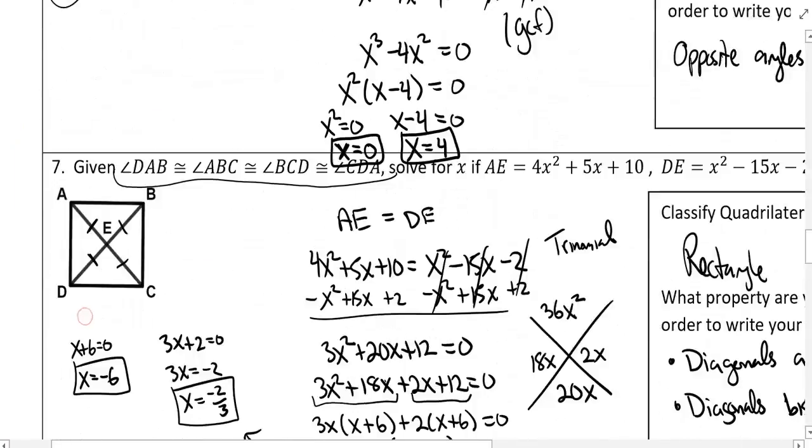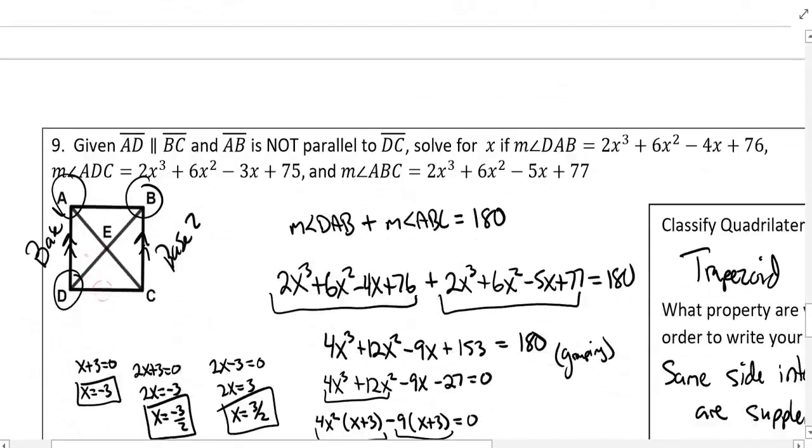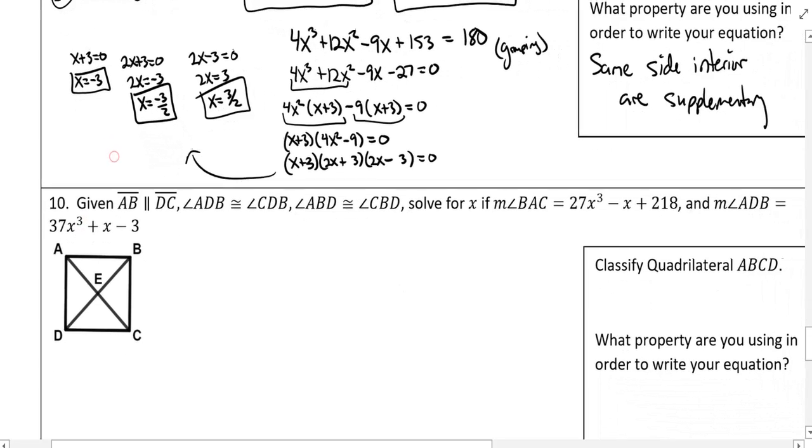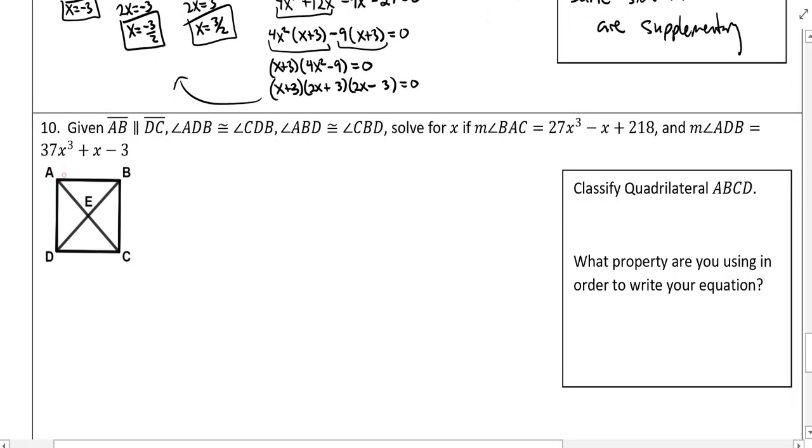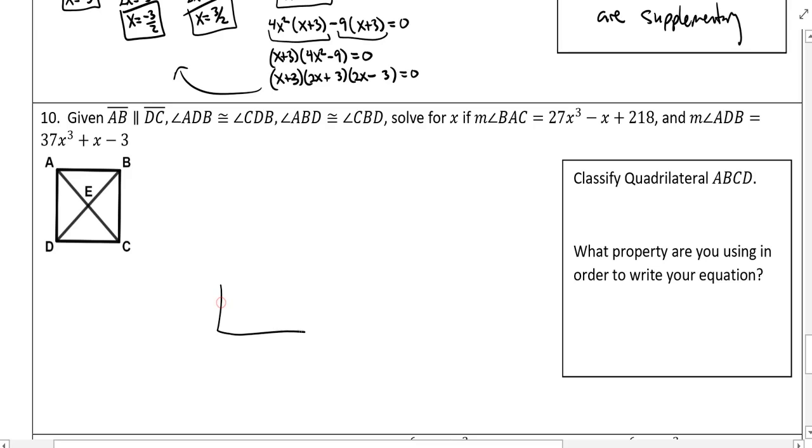Number 10. AB is parallel to DC. I'm going to do some scratch work on this one. Okay, so we have AB parallel to DC.